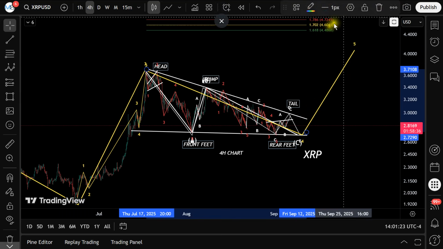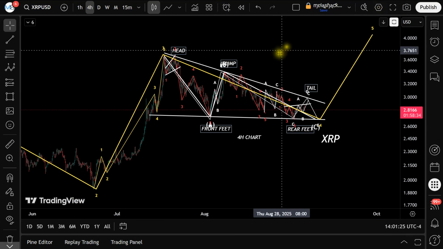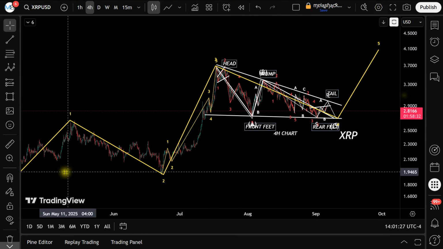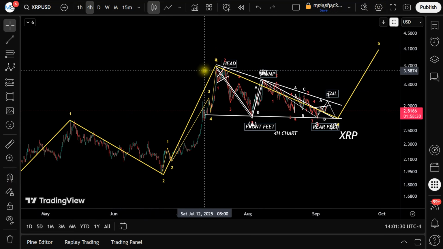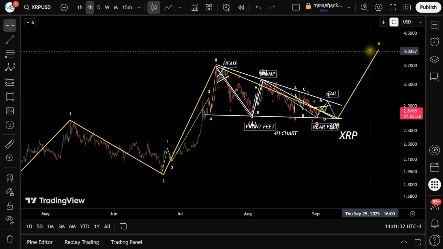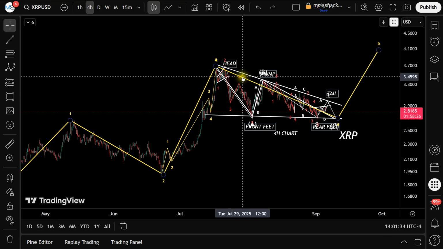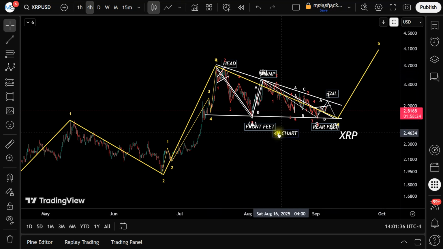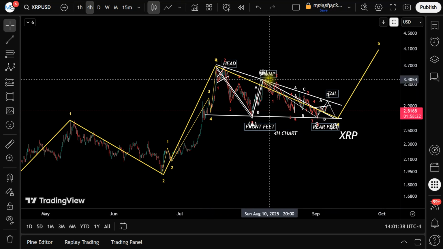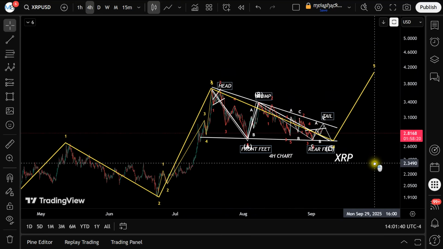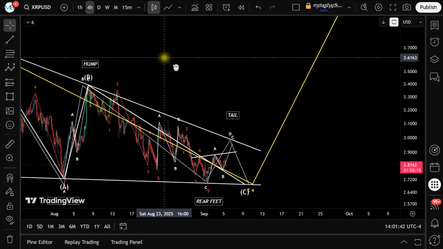But overall, when looking at this pattern, you can clearly see that we have a 5-wave Elliott Wave impulse move to the upside. We are now trading within the wave 4. This is an ABC correction. Those are your main waves.